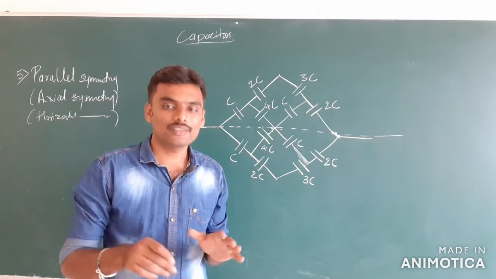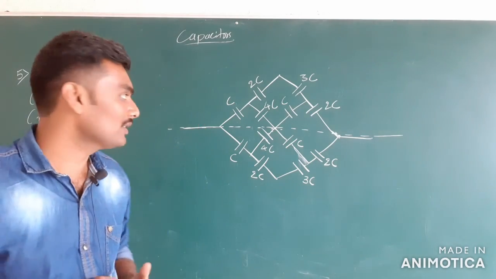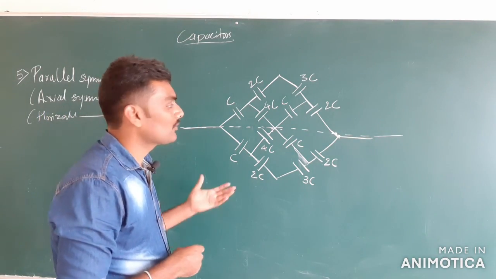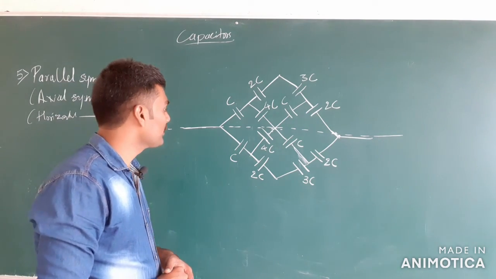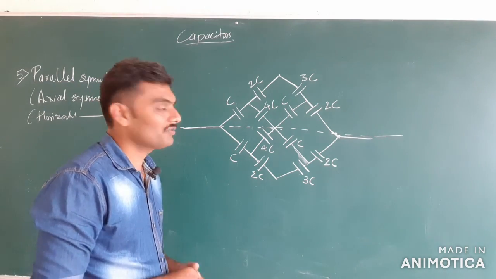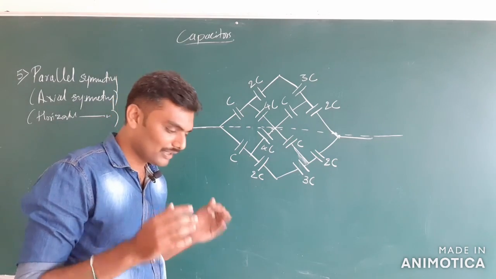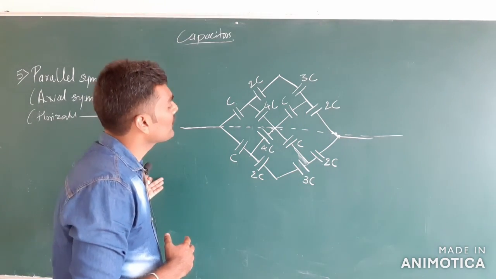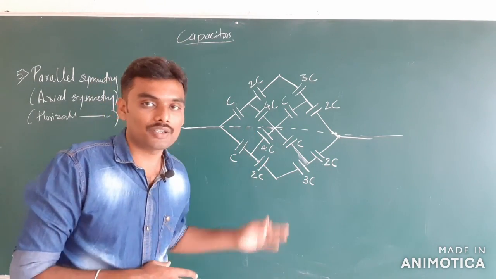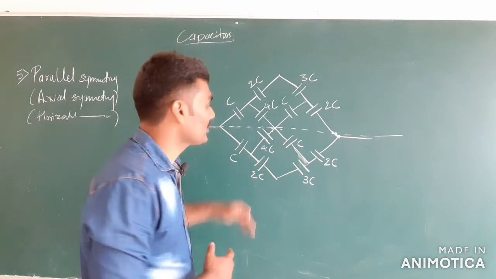Okay. So this is just deciding what is horizontal symmetry. But yes, we do have a pattern, horizontal symmetry can be found. What is the use of this? The basic intention is to solve the circuit, or we can say to reduce the circuit.